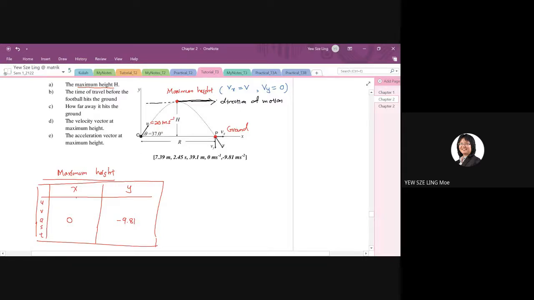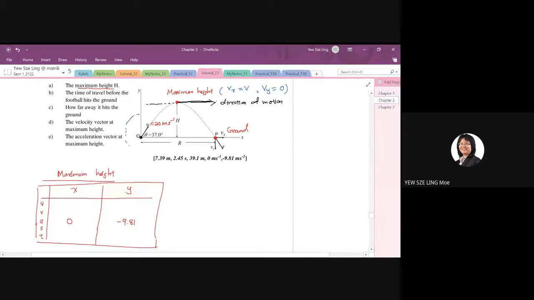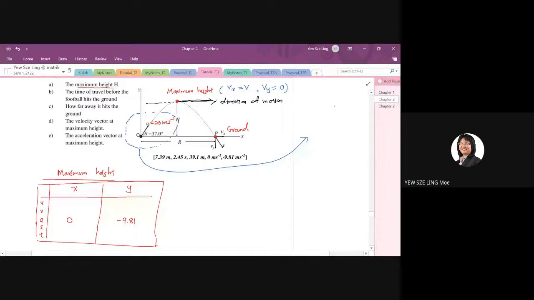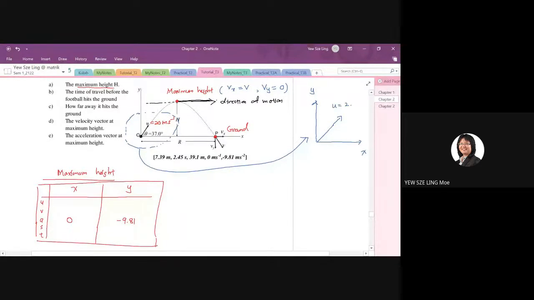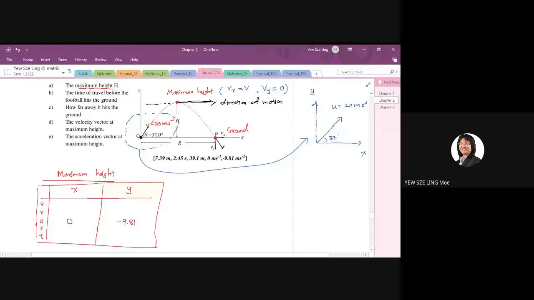Now let us complete the table. Do we have Ux? Of course we do. Looking at this diagram again, let me enlarge this part. I have a vertical component, Y, and a horizontal component, X. Then I have u, which is equal to 20 meters per second, and the angle is 37 degrees.